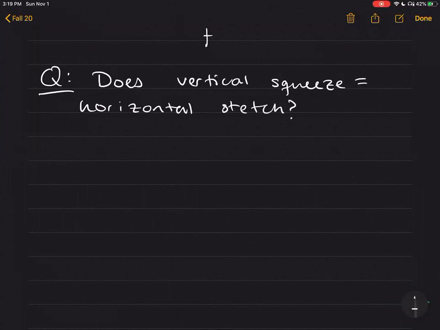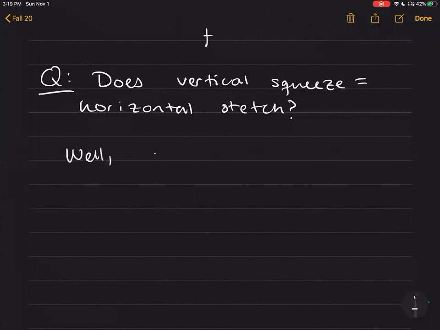So if I were to, I don't know, say, stretch it horizontally by a factor of 2, is that the same thing as just squeezing it vertically by a factor of 2, right? Or a factor of 1/2. You might be tempted to say, yeah, of course, right? Because if you stretch it one way, it's the same thing as compressing it the other. Well, not necessarily. We're going to see why.